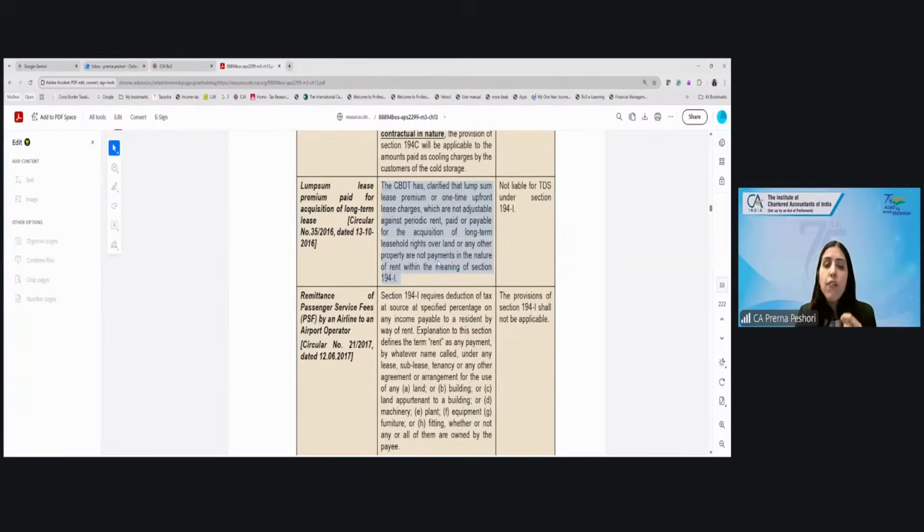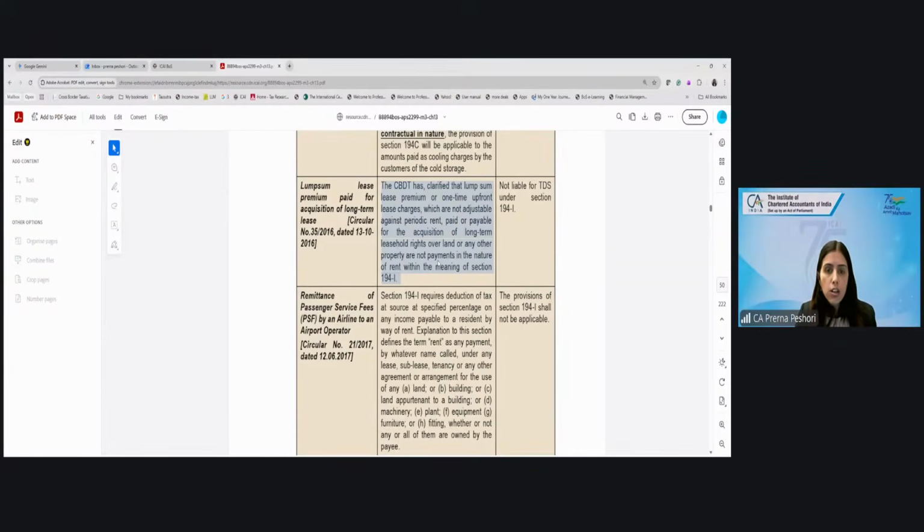Now, whether these are for the usage of the land or just the charges paid for the airport, there are multiple judgments to this effect, wherein it has been held that these are the charges for the usage of the airport. The use of the land or building is just incidental. It is not something that they are paying for the land or building, right?